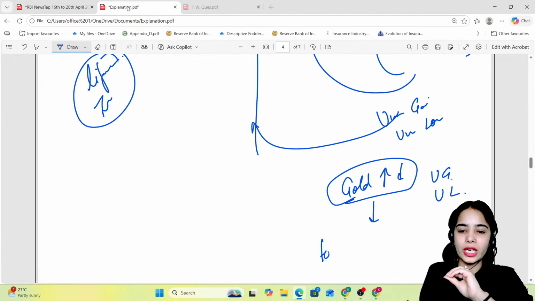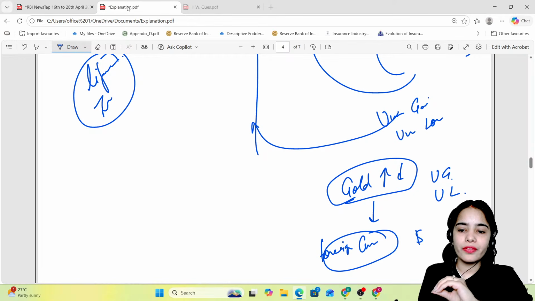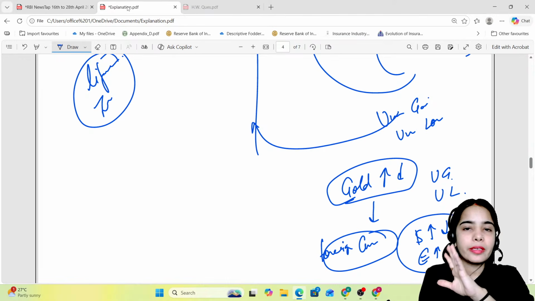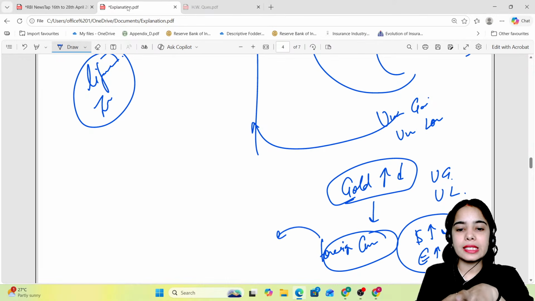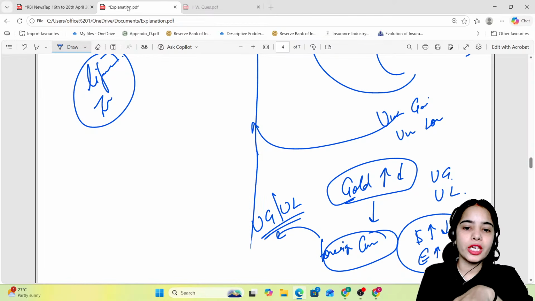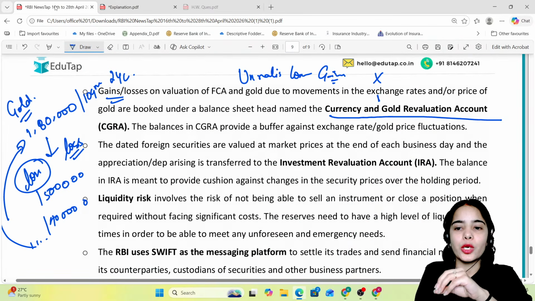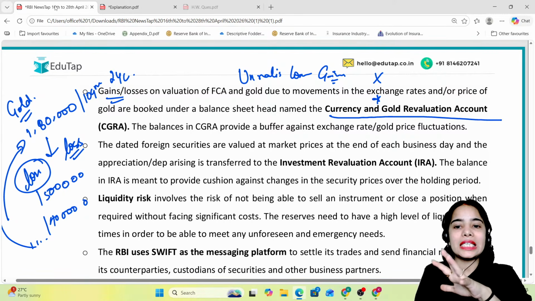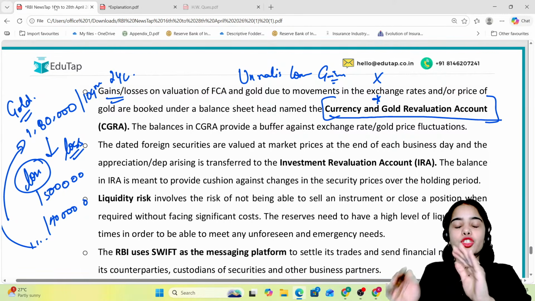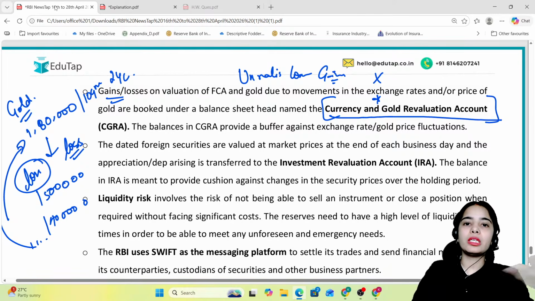Similarly, if the foreign currencies that the RBI is holding, the dollar value or the euro value, are increasing or decreasing, it doesn't matter, in the sense that these are unrealized gains or unrealized losses. So they are recorded separately in the currency and gold revaluation account, a separate account which does not affect the normal income and the assets of the RBI.